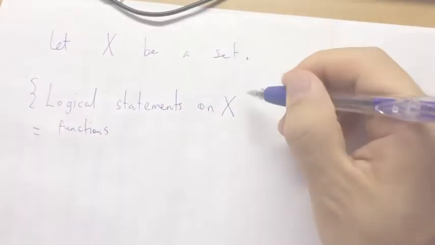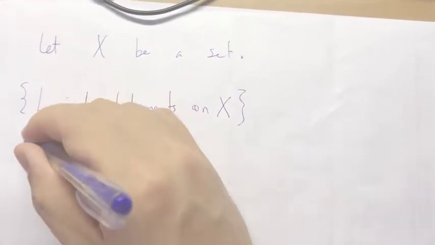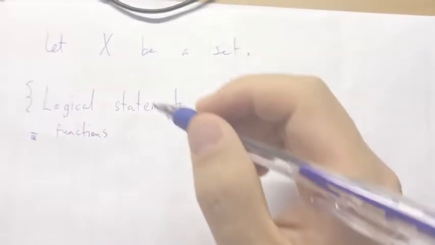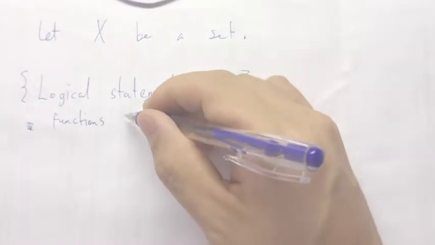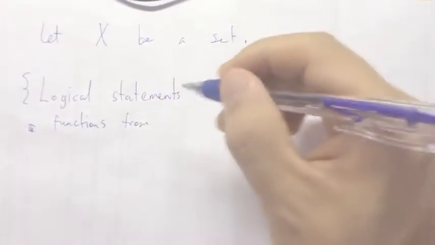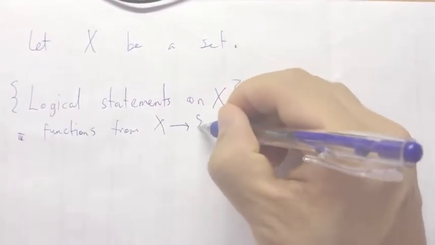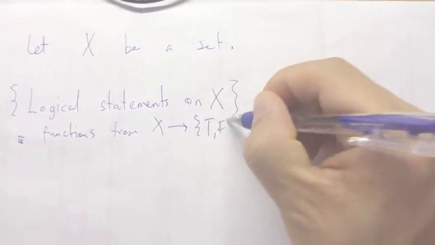So we have the set of logical statements on X, and this is just functions from X to the set of true and false.